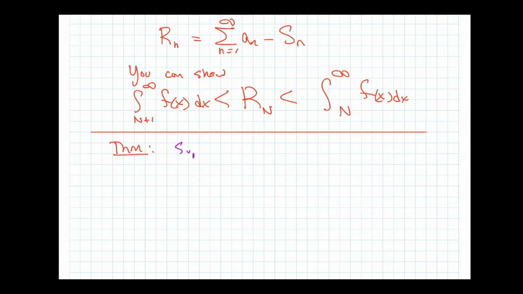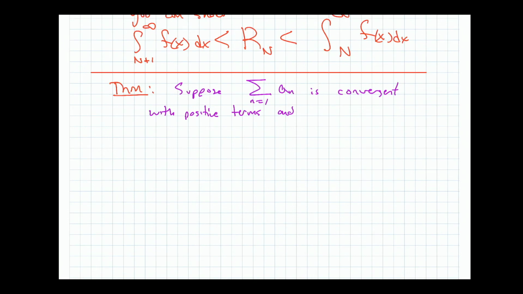So suppose this sum of an is convergent. I guess I better start it at 1. Is convergent, positive terms. And f has all the properties that we normally need.